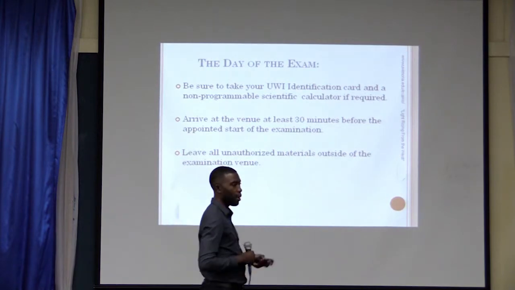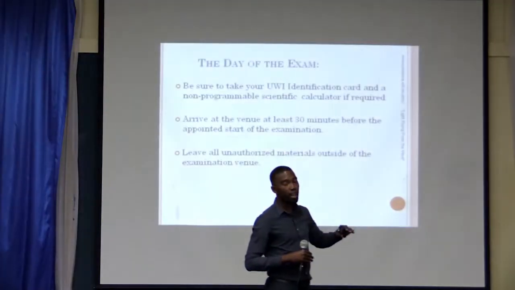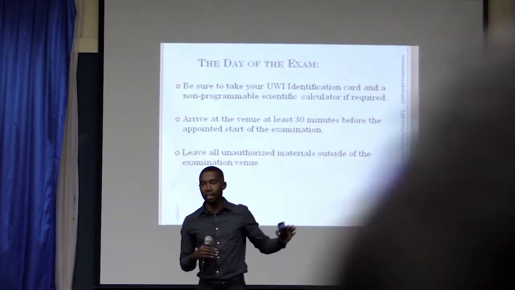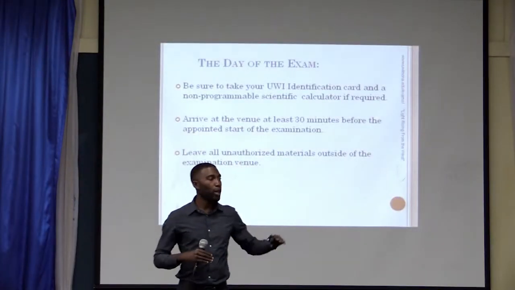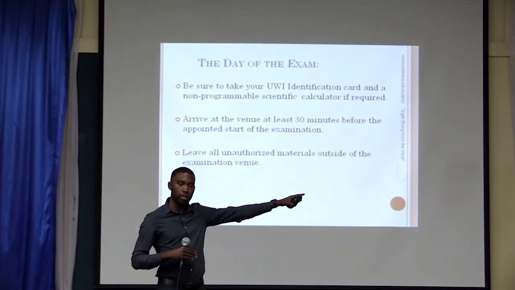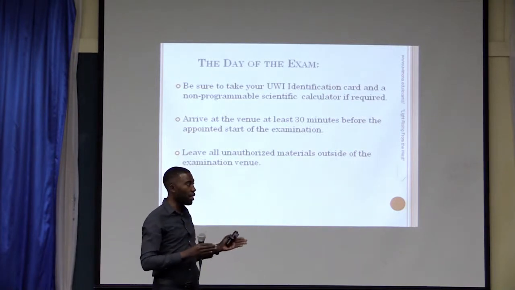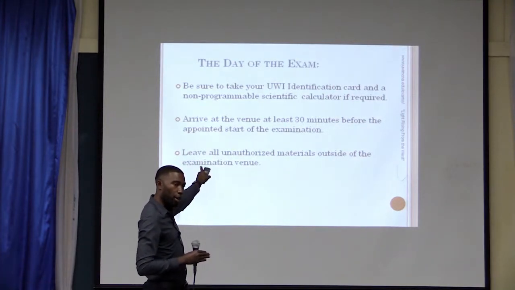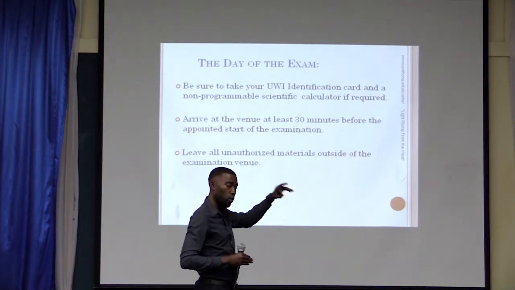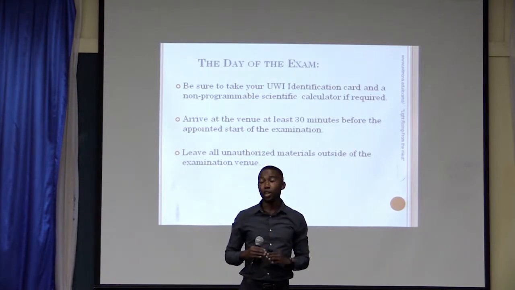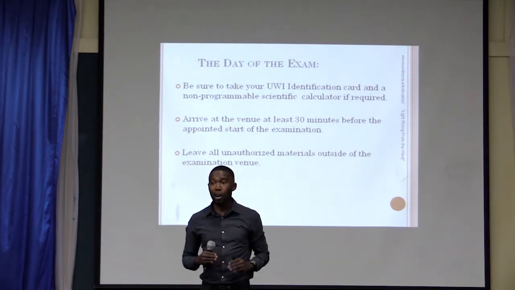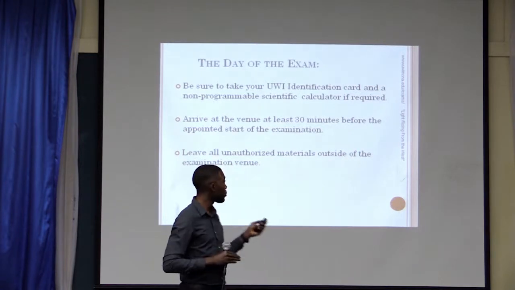So on the day of the exam, as I mentioned earlier, this is the main examination hall. When you enter downstairs at the front, we only have one entrance. We're not going to be using that back door. We're entering at the main entrance. So when you enter, you're going to stop at the security post. You leave all unauthorized materials here.